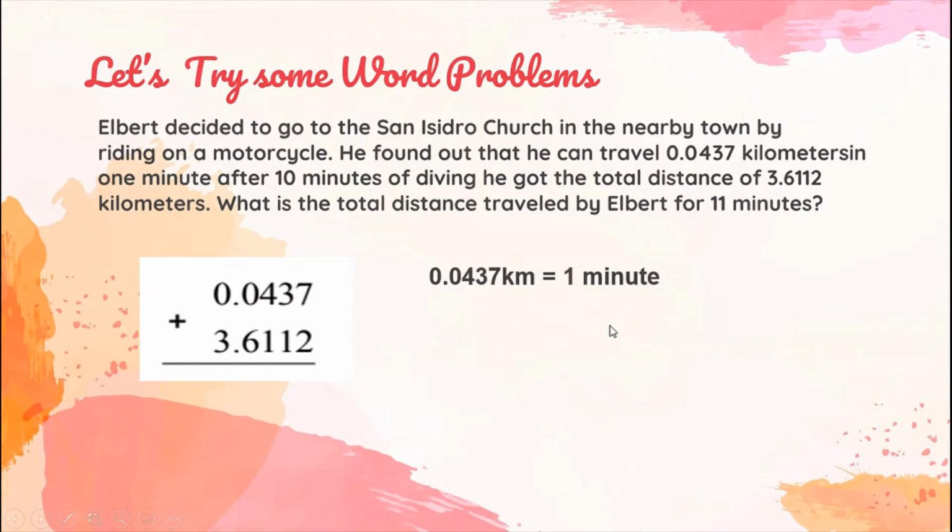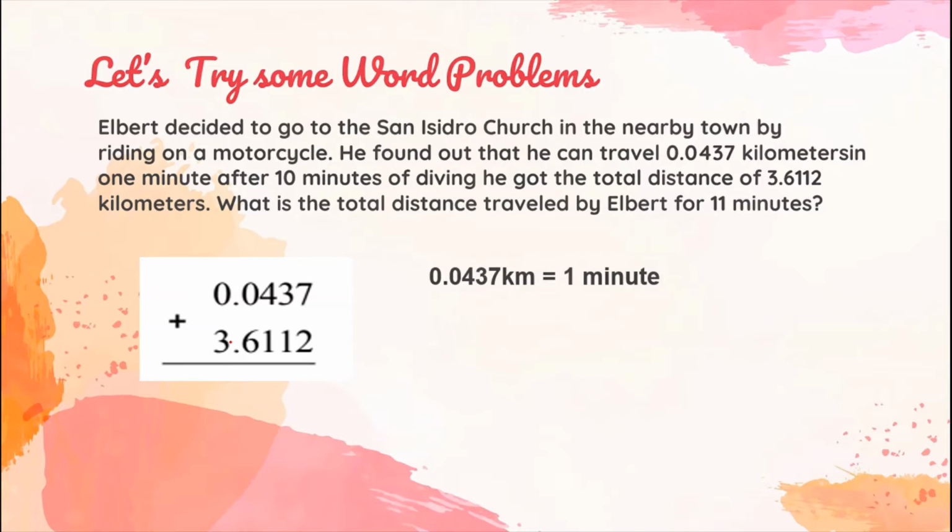Okay, now this time, let us answer. By the way, when we add decimals, grade 6, always remember that we need to align our decimal points. This is the first thing that we need to keep in mind. In addition of decimals, decimal points should be properly aligned.